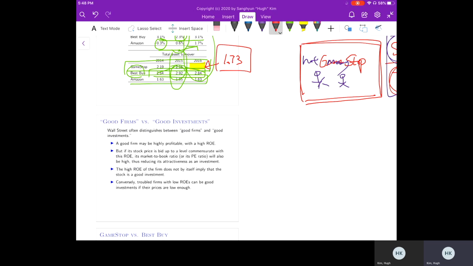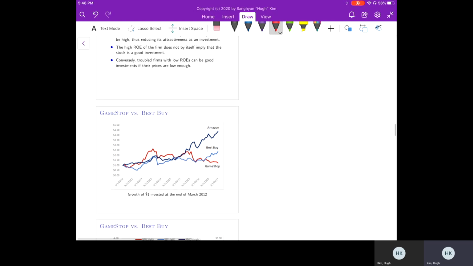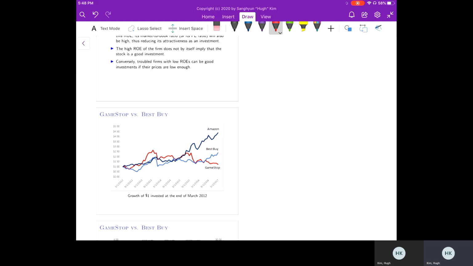So good firms are highly profitable. So good firms tend to have high ROE. But investors can recognize this. So let's look at the stock performance over the past 5 years.